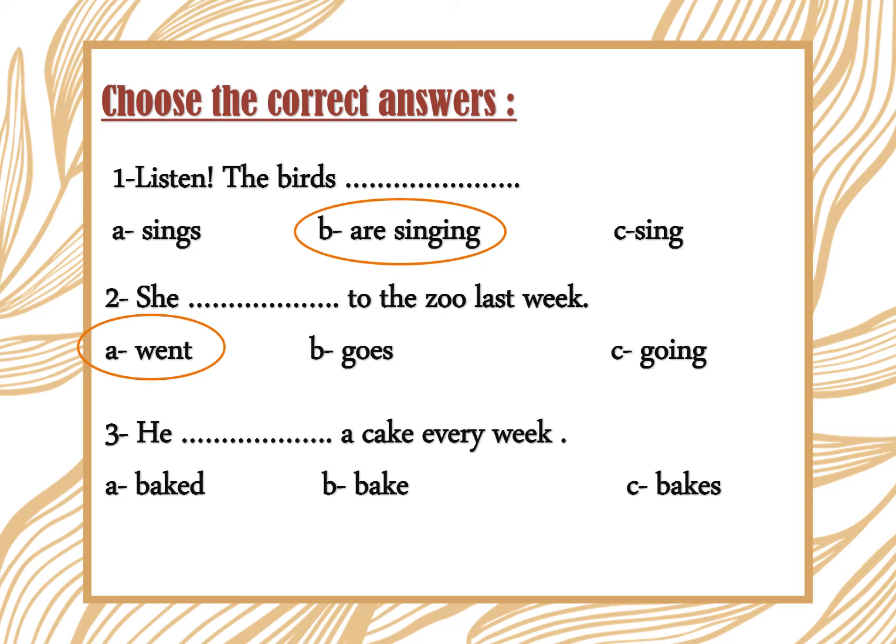Number 3: He a cake every week. Baked, bake, bakes. If we look at the question again, every week is a keyword for the present simple tense, and the present simple tense says that the pronoun he, she, it goes with the verb plus s.